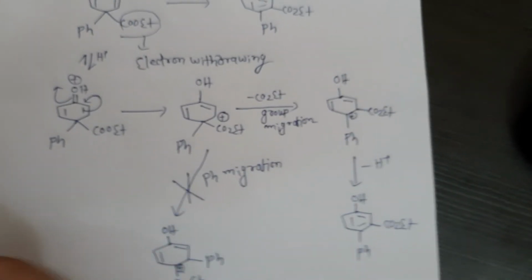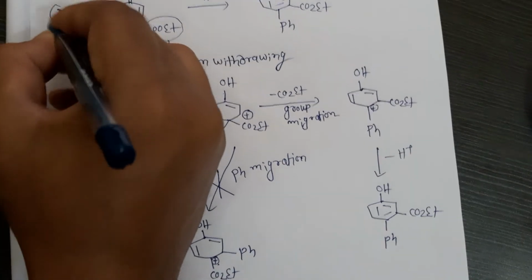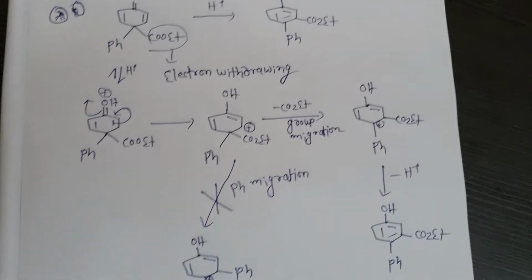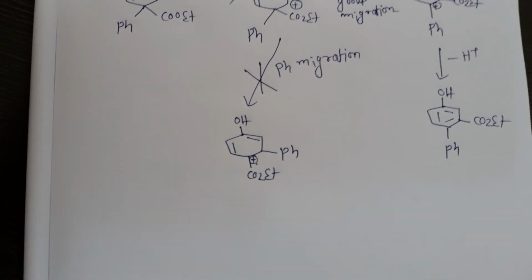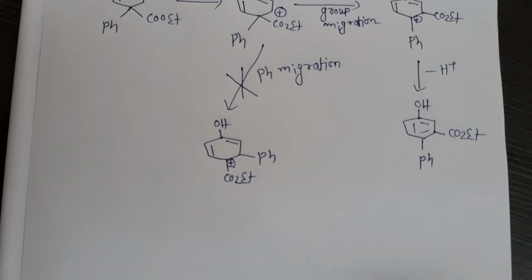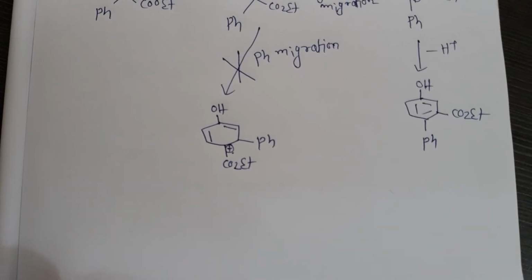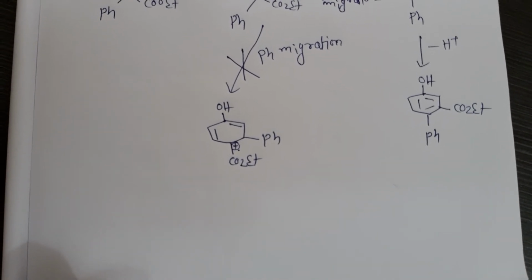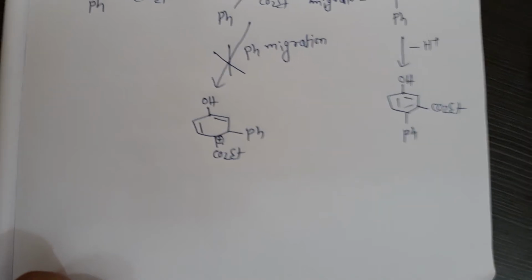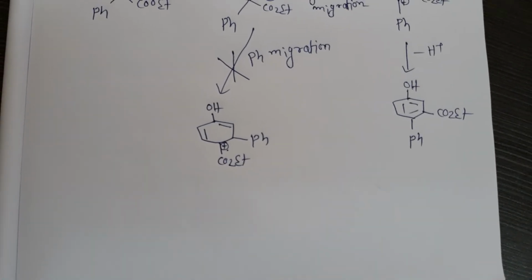That is the main thing. This is very important. So migration power is not only predicted by the relative electron donation power of the migrating group, but it will be predicted by the stability of the carbocation after migration.